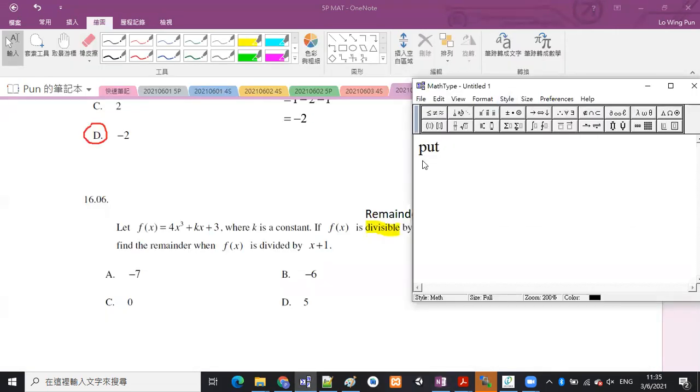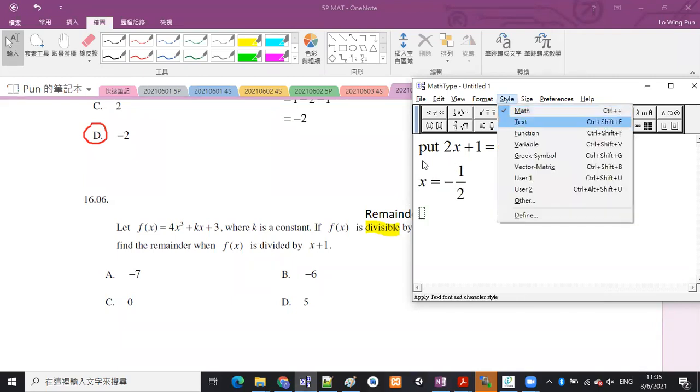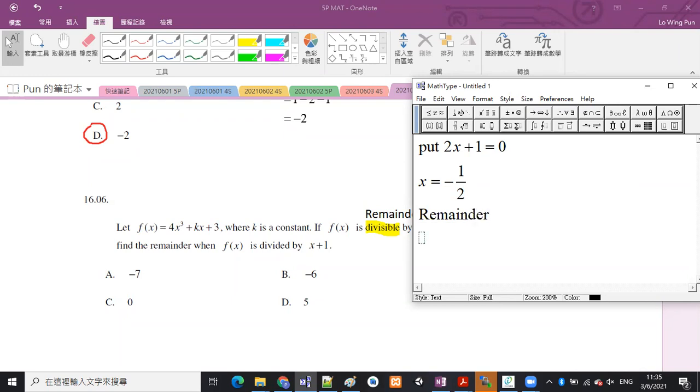When you put 2x plus 1 to be 0, then you'll find that x is -1/2. So the remainder should be equal to f(-1/2). But we have the formula of f(x), so we can really calculate this.